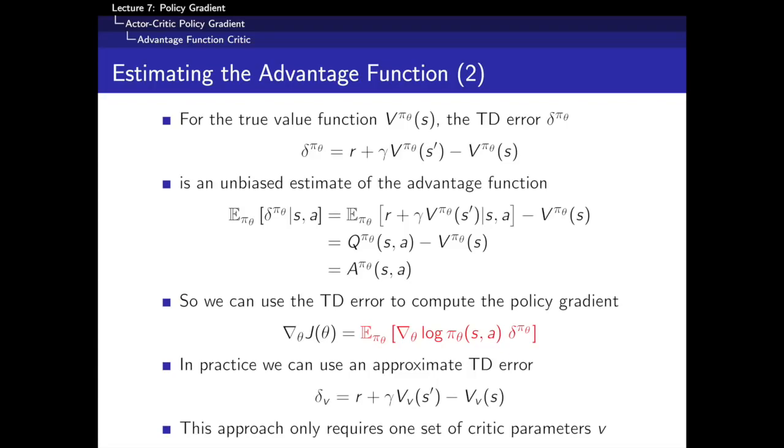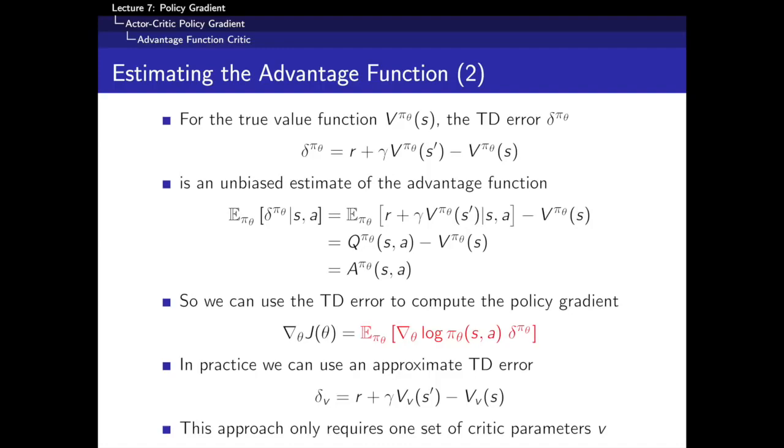S is what we're conditioning on. This term here, the expected reward plus state value at the next state, given S comma A, is precisely the definition of Q. This is just like unrolling our Bellman equation one half step. So Q is equal to the expected reward plus the expected state value at the next step.